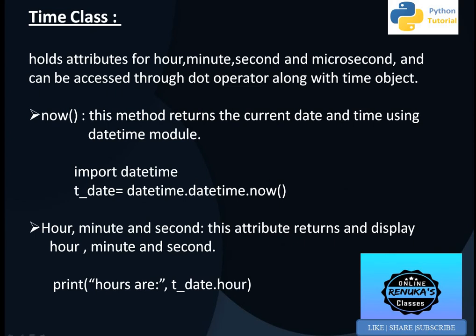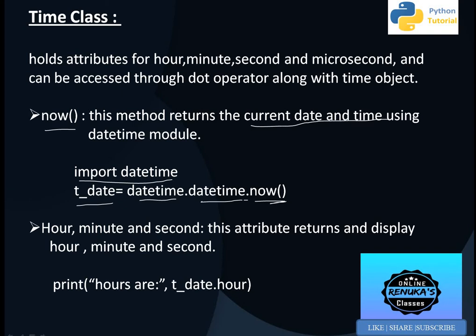Next, with the help of the time class we can print time only, meaning the current time, with hour, minute and seconds printed separately. If we import datetime and create an instance t_date with the help of datetime.now(), it will print the current date and time.